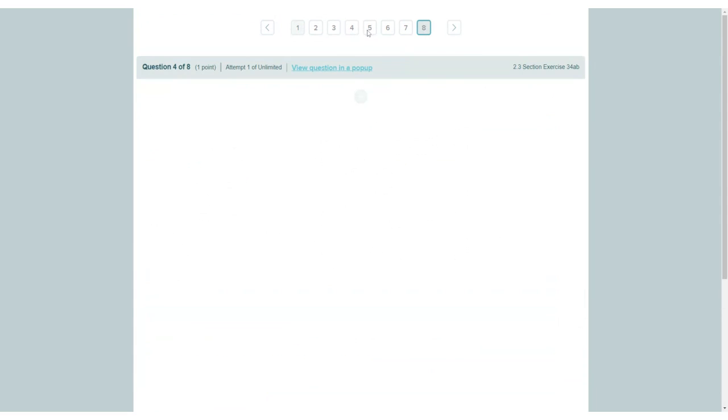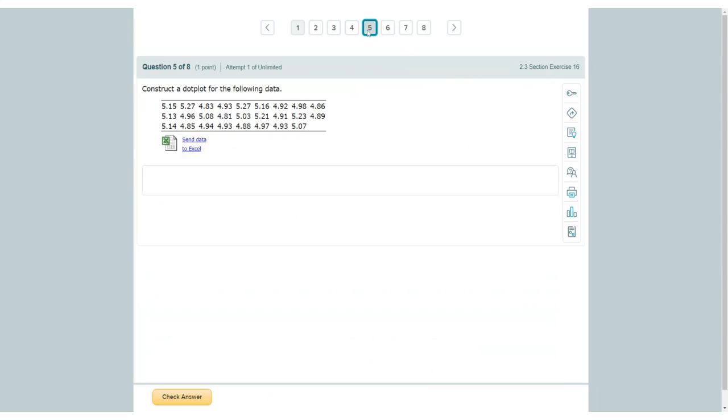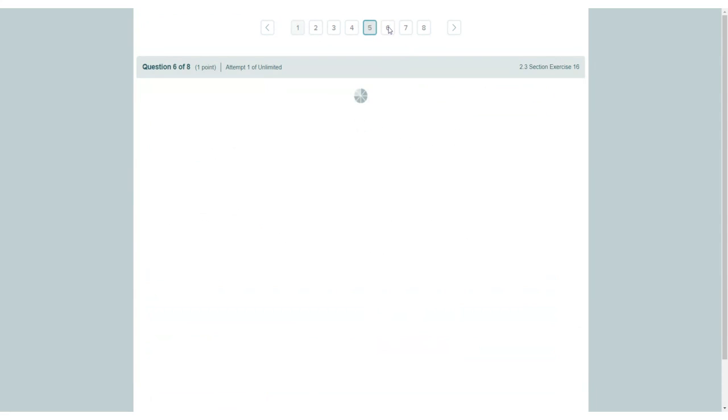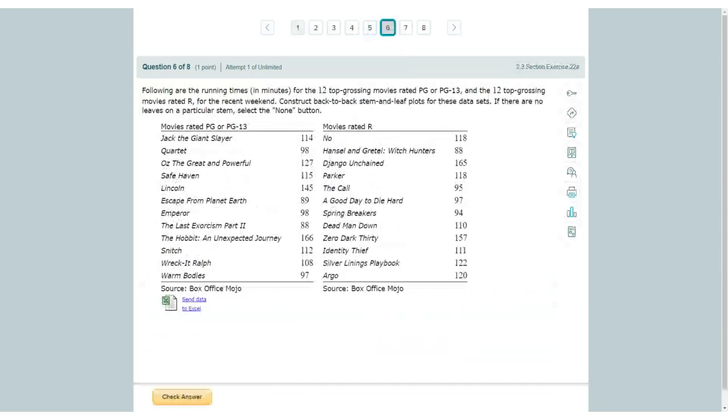There was one in here where you had to pay attention because they wanted you to break the 14s into two, like anything 140 to 144 and anything 145 to 149, but they don't have that one in here anymore. Probably just as well.